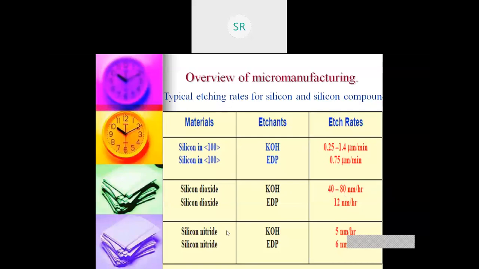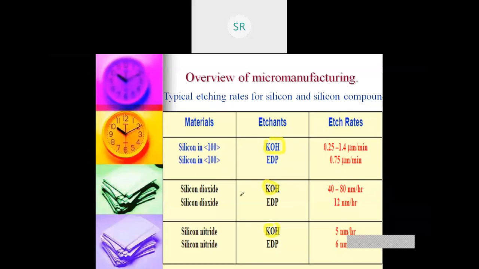Similarly, for silicon nitride with the same etchant KOH, my etching rate is 5 nanometer per hour. So with the same etchant, the etching rates are different.